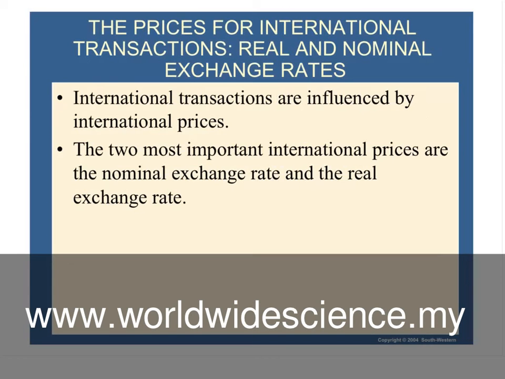But what I just want to pinpoint here is that international transactions are very much influenced by international prices. So let's say if the prices go down, the international transactions would probably be encouraged, and a lot of people will do them. By the same token, if they go up, fewer will.